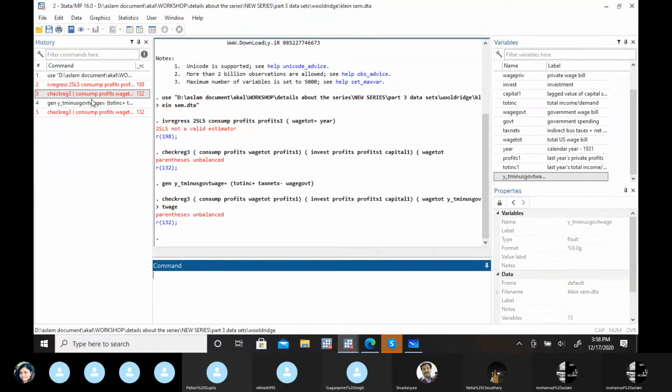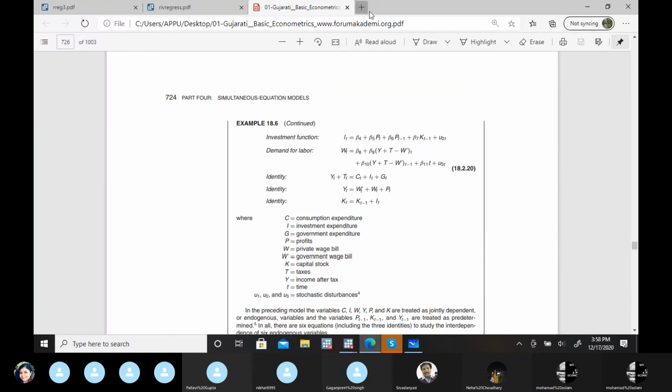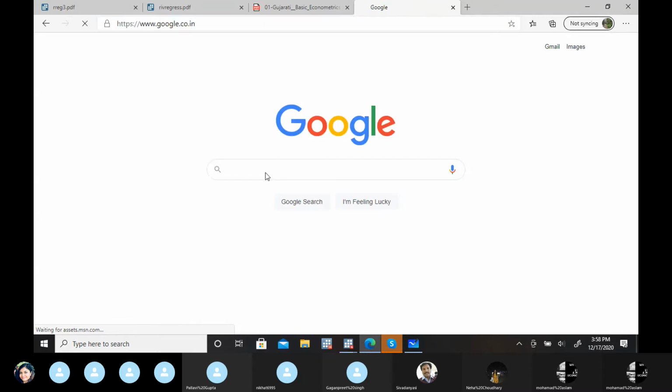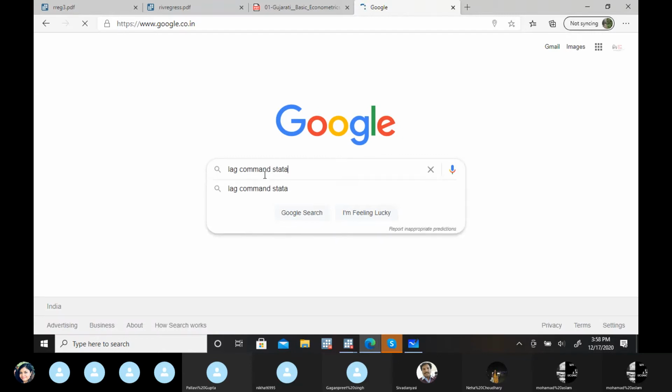So we need one more variable to generate: the lag of this particular variable. I'm very poor at remembering the commands.